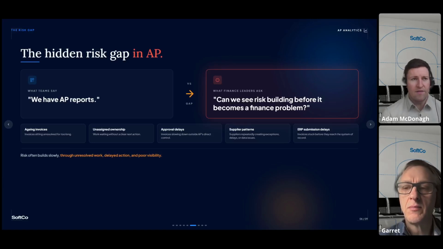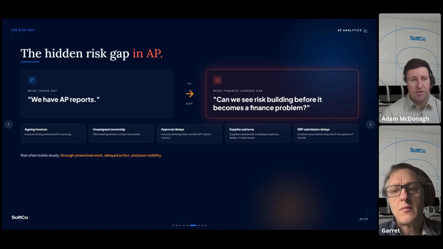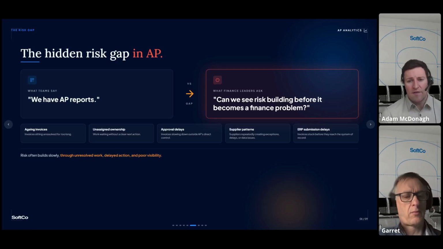If you don't have instant visibility of things as they're taking place, and if you don't have time to take a step back and dissect what's happening, the risk is that a problem happens and you're unaware of it. So if we look at that in isolation, what are typically the issues and risks that AP teams are citing to you that they're experiencing on a daily basis?